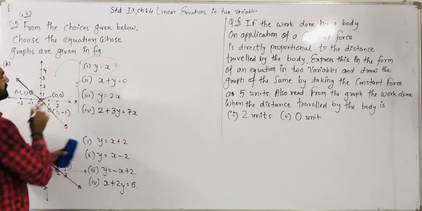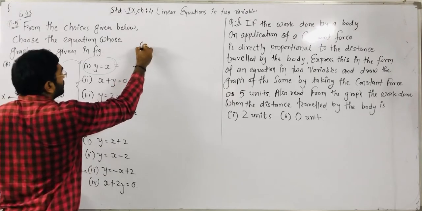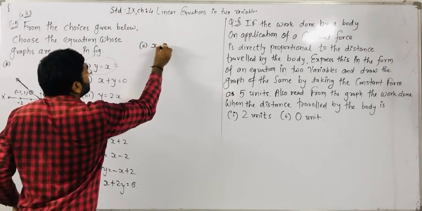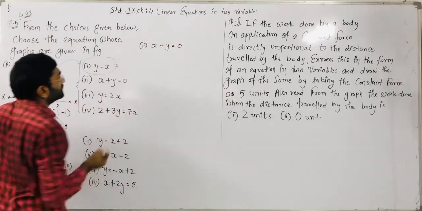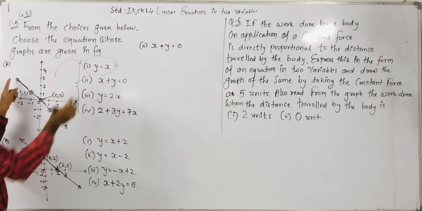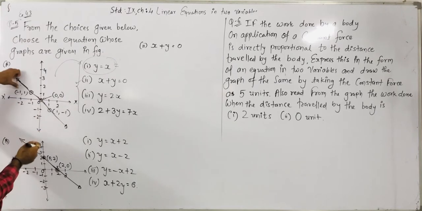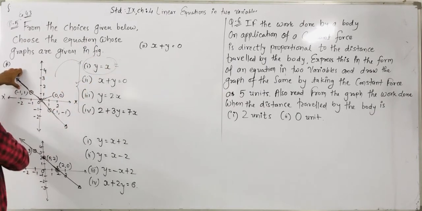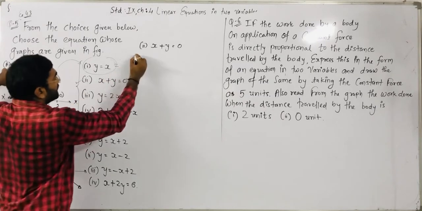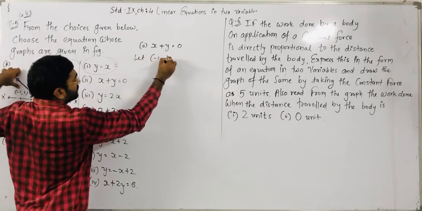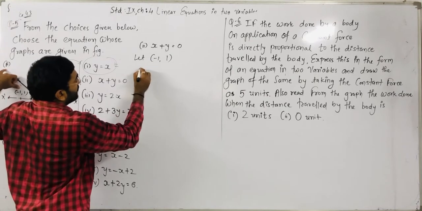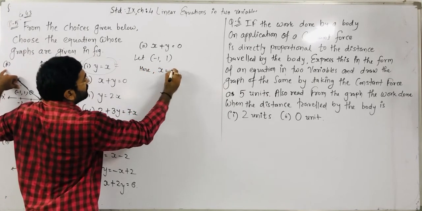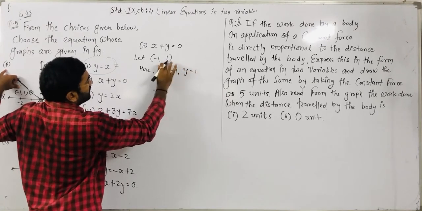Now for the second one we have to check it out. The second equation given is x plus y is equal to 0, and suppose that is the graph of that equation. We have to check all three points in this equation. First, let me take the point (-1, 1). Here the x coordinate is -1 and the y coordinate is 1.